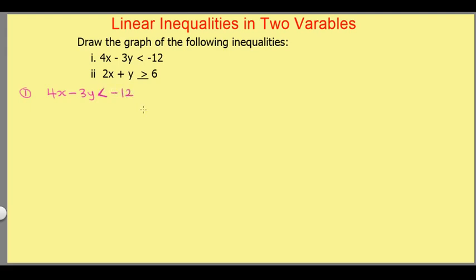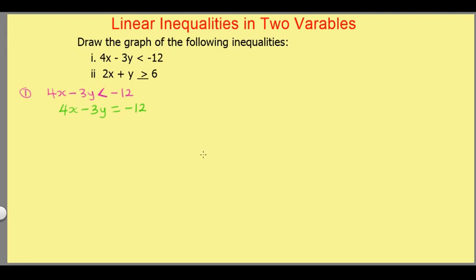So to be able to solve this, what we need to do is let this inequality assume an equal sign. That is 4x minus 3y equals minus 12.